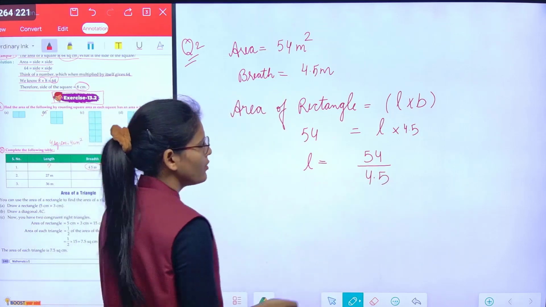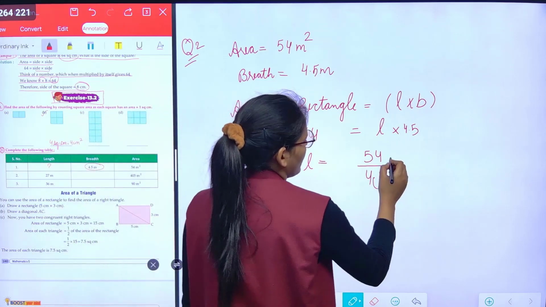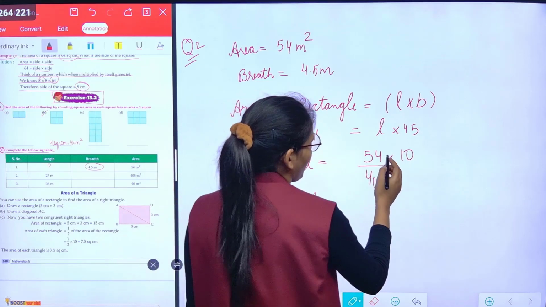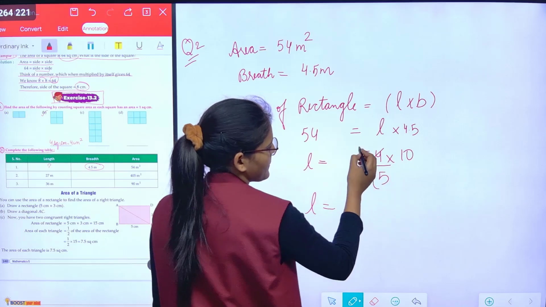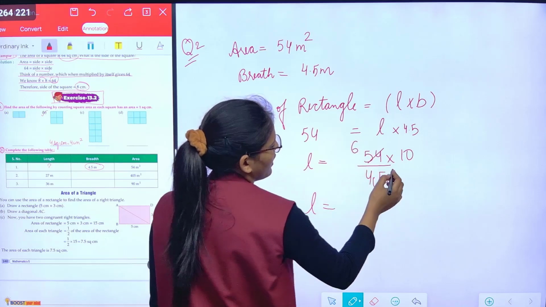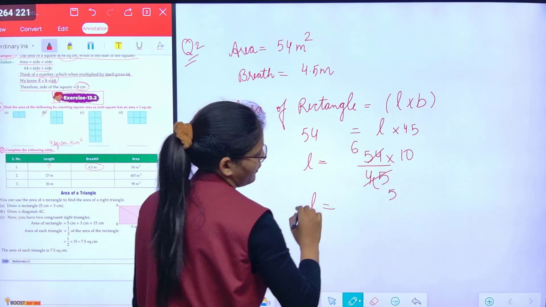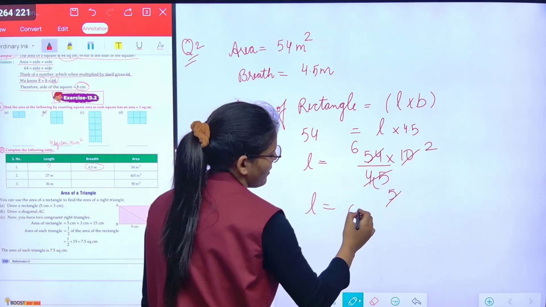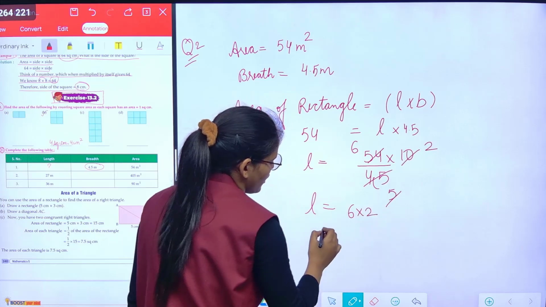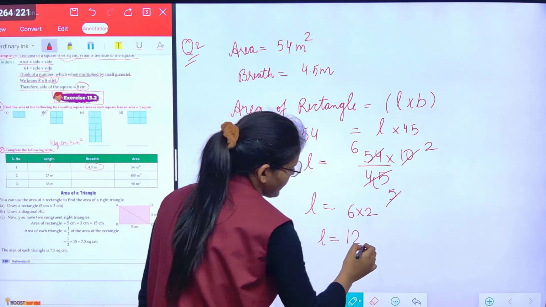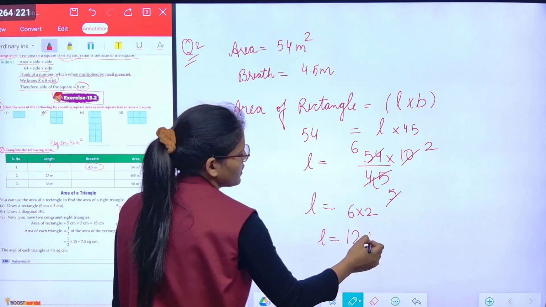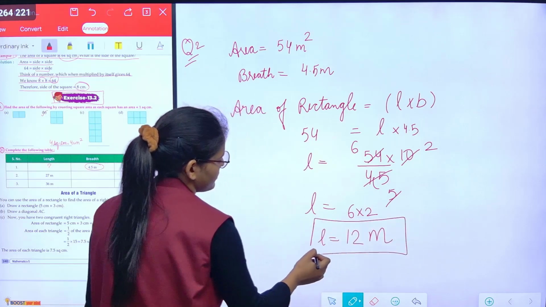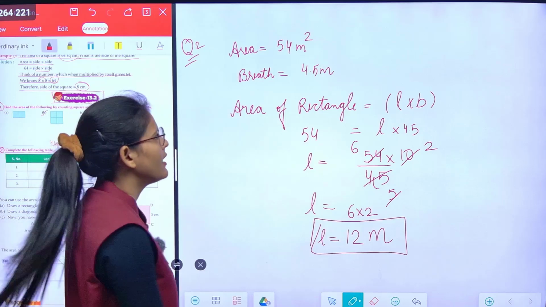Understand class? So class, put 10. Length is equal to, now class, 9 6s are 54, 9 5s are 45, 5 2s are 10. So 6 multiplied by 2 is equal to 12 meter. Length is equal to 12 meter. Understand class?